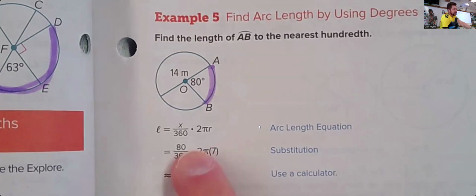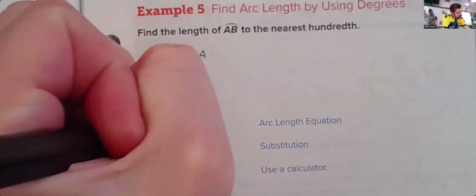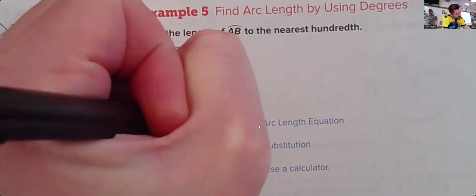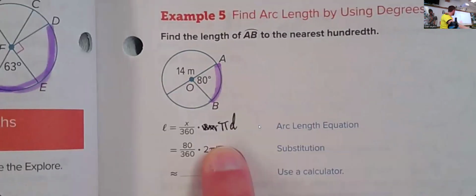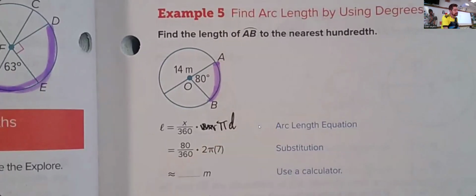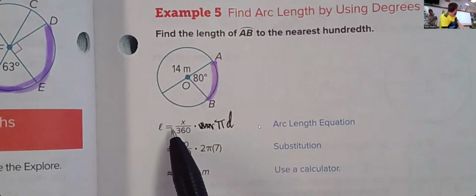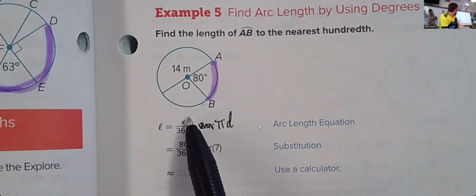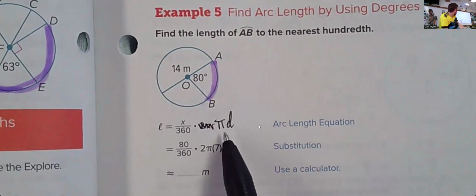Now, you could use 2 pi r. I wouldn't actually recommend using 2 pi r here, because we have another formula for circumference, which is just pi times the diameter, and that's what I'd recommend on this one. Because we have the diameter, we may as well use the circumference formula that uses diameter. So the formula we're using is arc length equals x, the degree measure, out of 360 multiplied by the circumference.